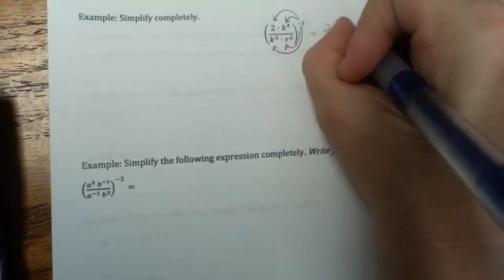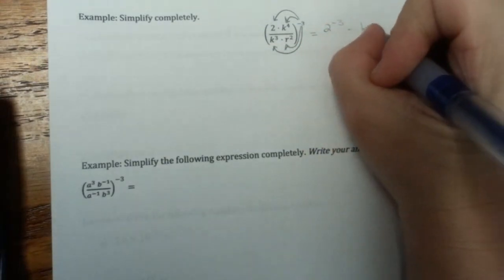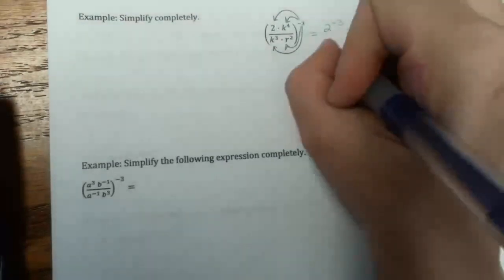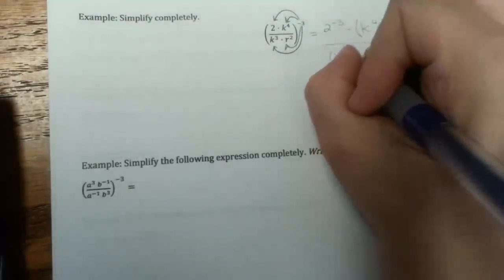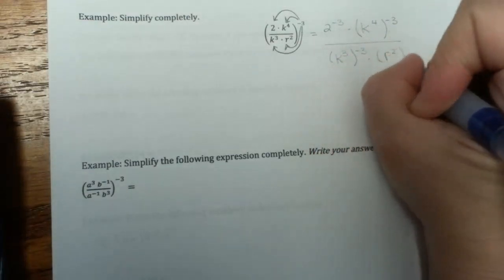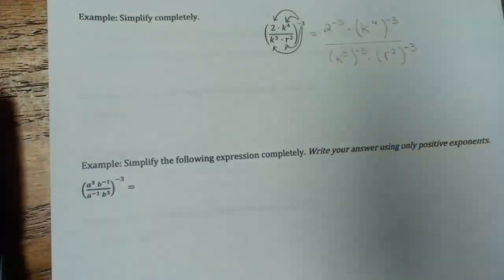So we have 2 to the negative 3 power times k to the 4 to the negative 3 power all over k cubed to the negative 3 power times r squared to the negative 3 power.